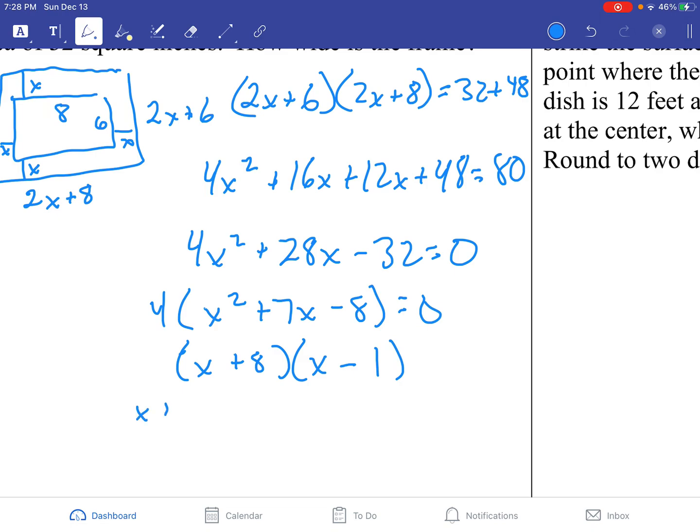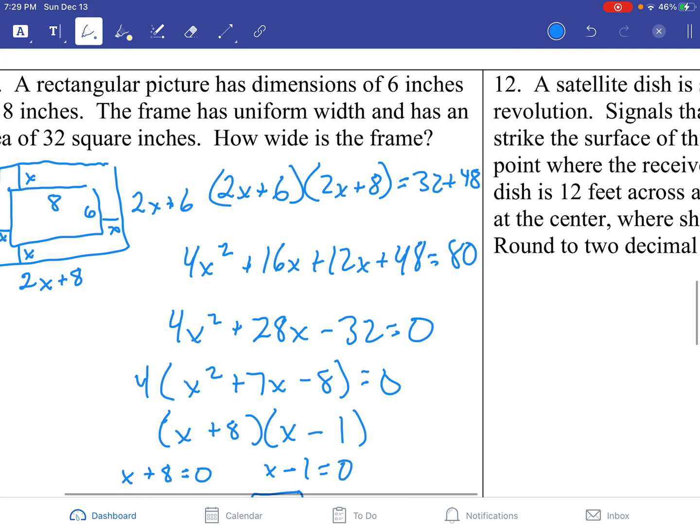Now we take those factors, set them equal to 0, and we get x is equal to negative 8 and positive 1. Well, you can't have a distance of a frame that is negative, so the 1 is your answer. So each frame is 1 inch wide.